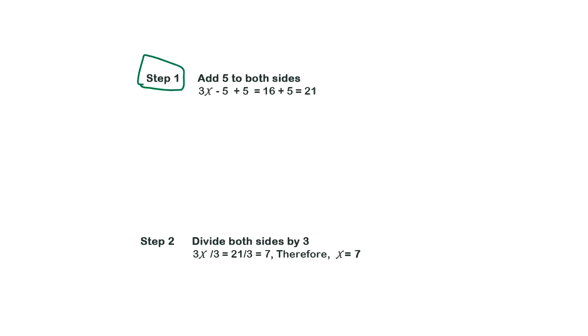Step 1. We add 5 on both sides, and this becomes 21, and this side disappears. Step 2, we divide both sides by 3. So 3x, you learned in elementary school how to do a calculation like 3x divided by 3, right?